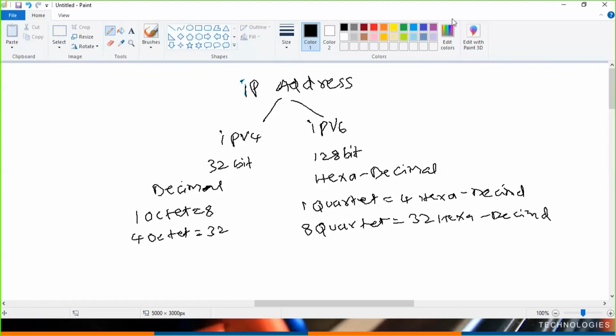In IPv4, every octet is separated by a dot. In IPv6, the 8 quartets are separated by a colon. So here we use dot, here we use colon. These are the differences between IPv4 and IPv6.